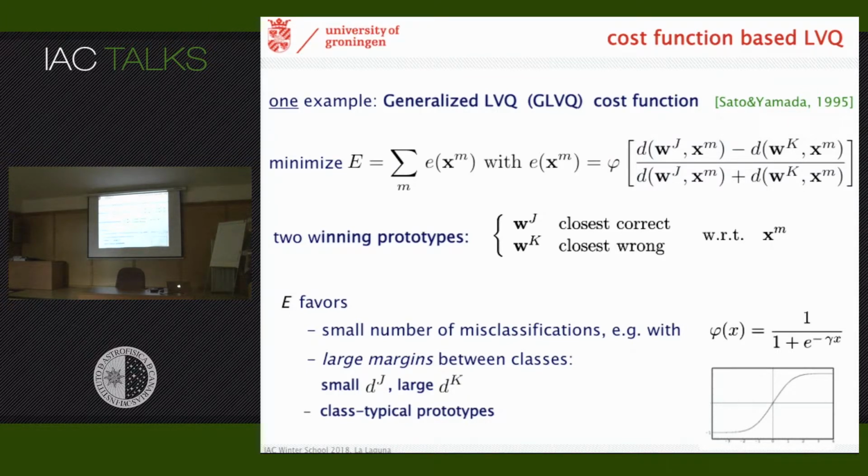So it makes sense to reduce this, to make this as small as possible. Also, we want to have a large difference between the two. So this has the spirit of a large margin classifier. We want the difference between the distance from the correct and the wrong prototype to be very large, right? And this will place prototypes in positions in feature space where they represent the class well. So we can hope for having class-typical prototypes in the end.